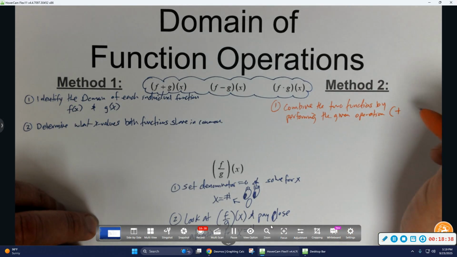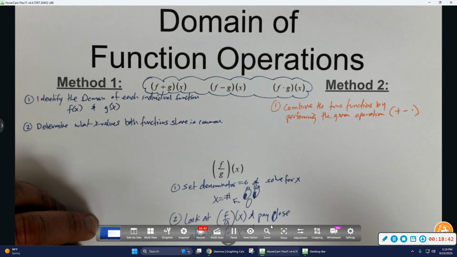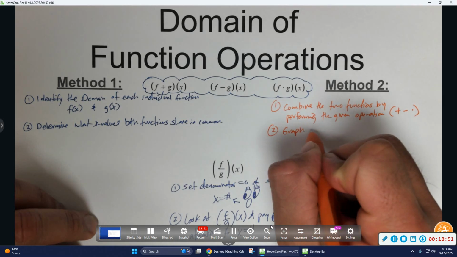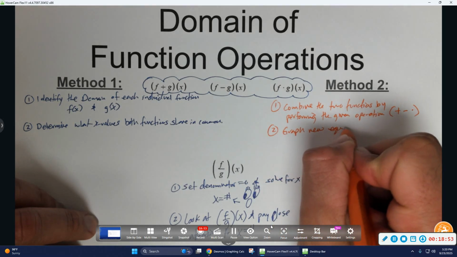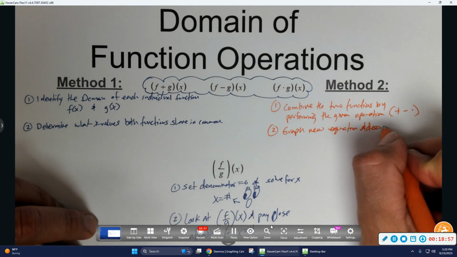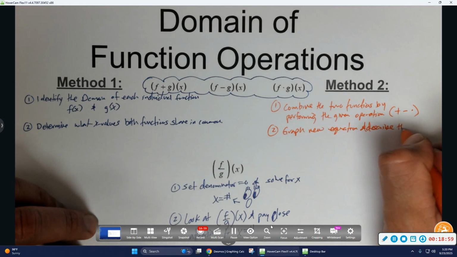So you can add the functions, you can subtract them, you can multiply them. You're going to create a new equation when you add them together or subtract them together or multiply them together. Then you're going to graph the new equation and describe the domain.